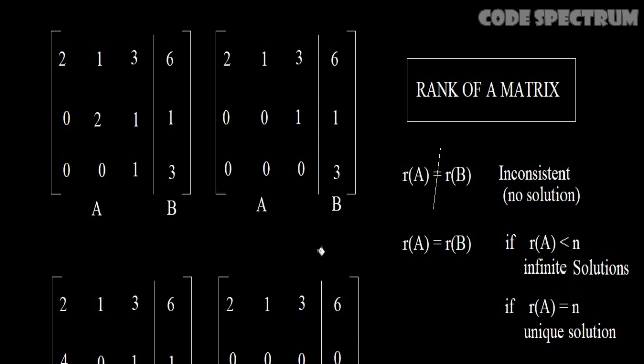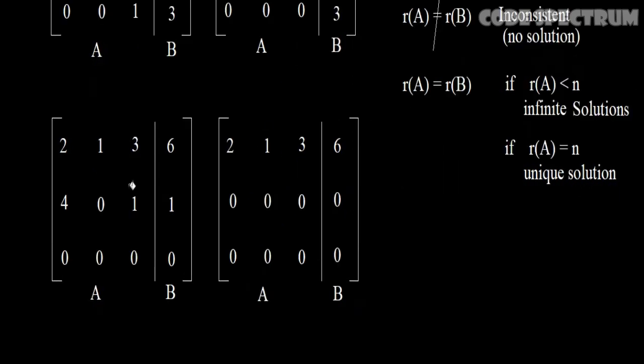Let's take the second one. The rank is 2 in this case of A, but in this case of B it is 3. If the rank is not equal, then there is no solution. Let's take the next one. Here the rank is 2 for A. For B it is also 2. Then we can have the solution infinite or unique.